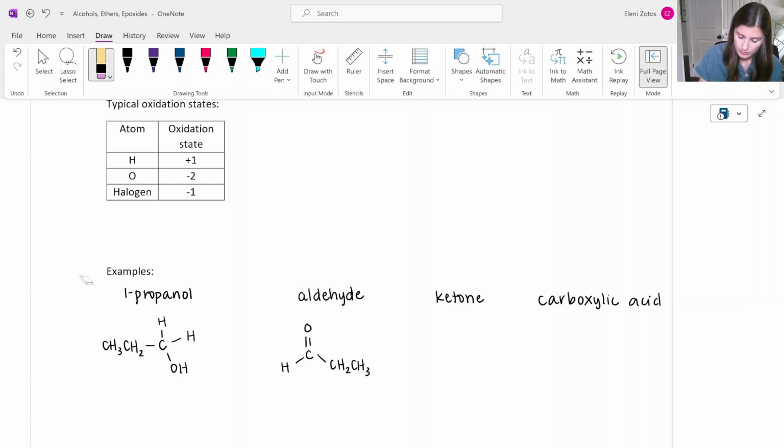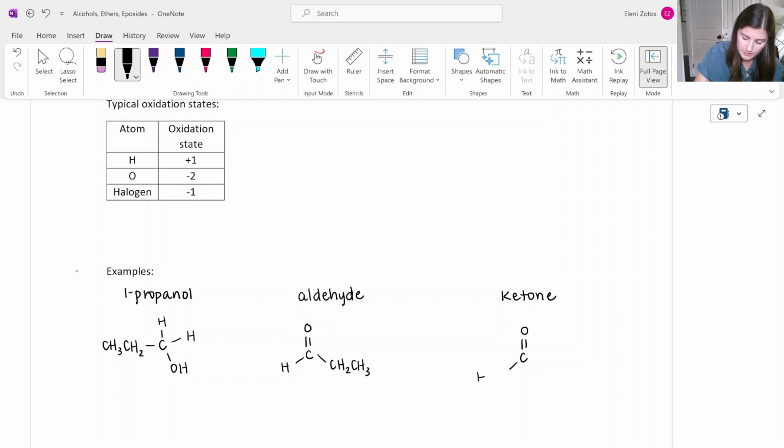In a ketone, I think we'll move the carboxylic acid down. Ketone molecules, we have a carbonyl, and then that carbon is bonded to 2 carbon chains.